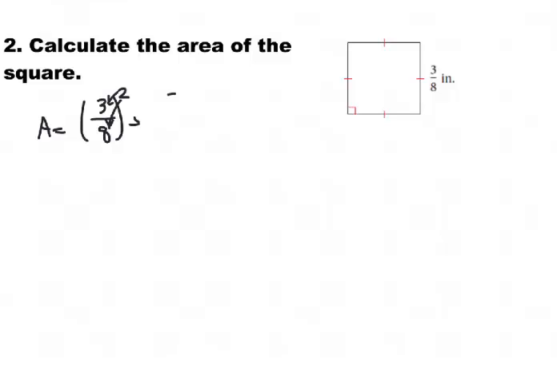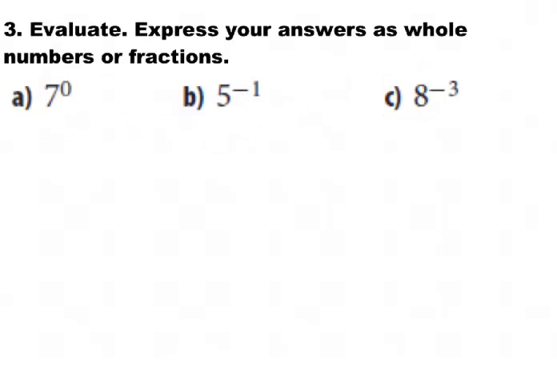I get 3 exponent 2 over 8 exponent 2. 3 exponent 2 is 9. 8 exponent 2 is 64. So it's square inch. So the area is 9 over 64 square inch.